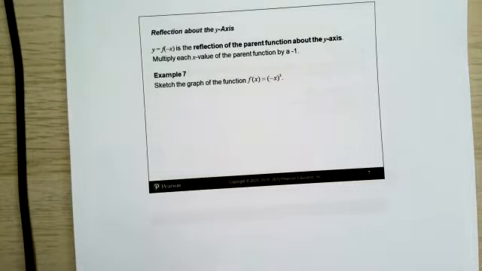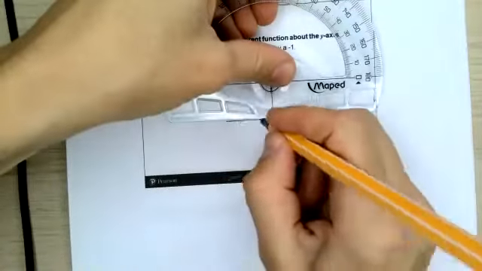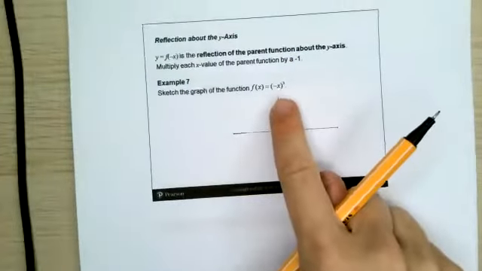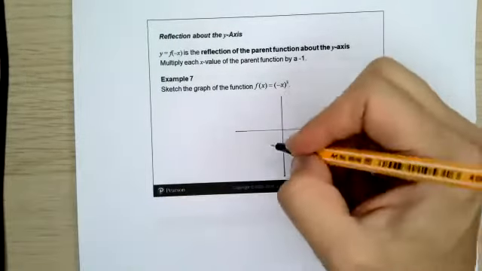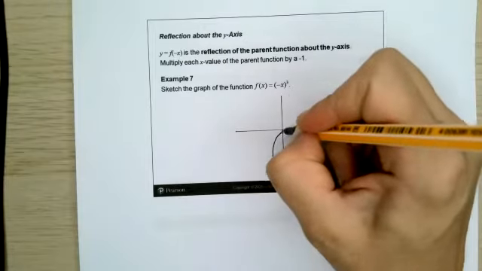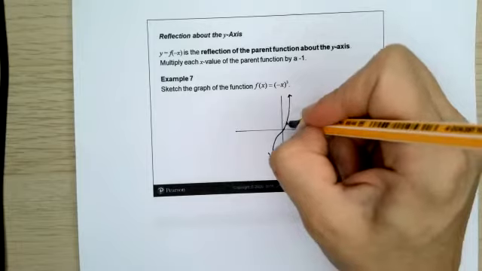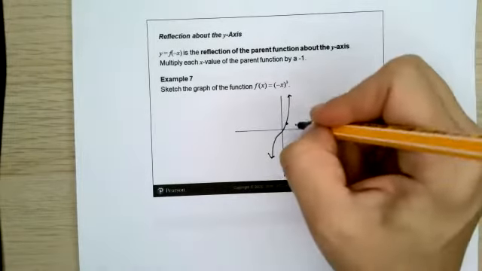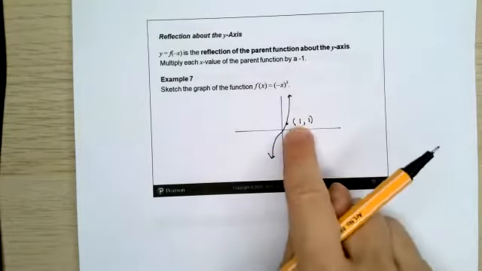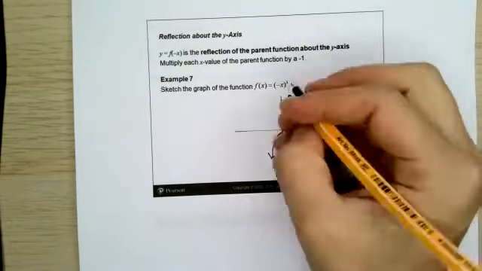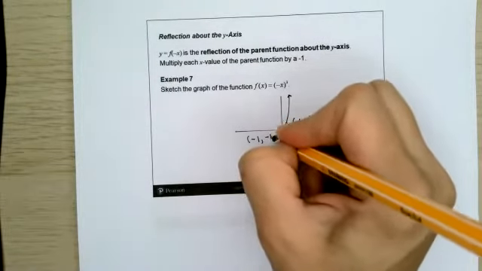Y-axis. We have the cube root of x, right? As our parent function. So the cube root of x we know looks like this. We know that this point is 1, 1, because 1 cubed is still 1. -1 cubed is -1.